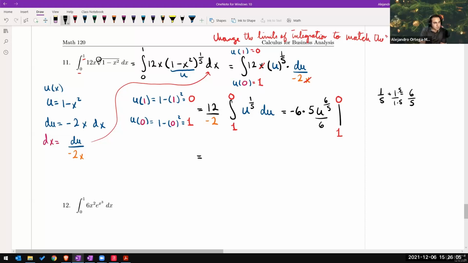Now, at this point, I'm also going to cancel the 6's. So we're dealing with -5 u to the 6/5, and we're evaluating that at 0 and 1.